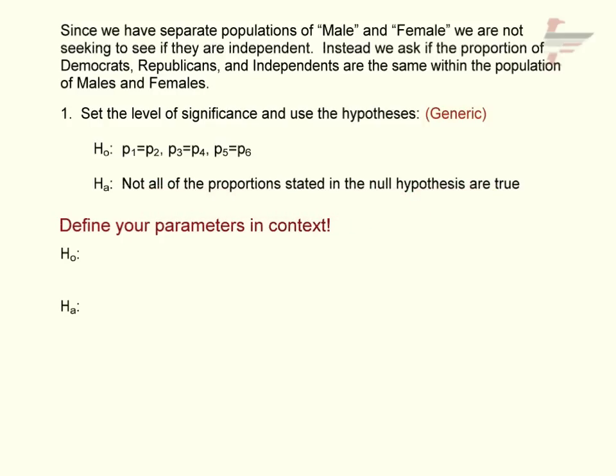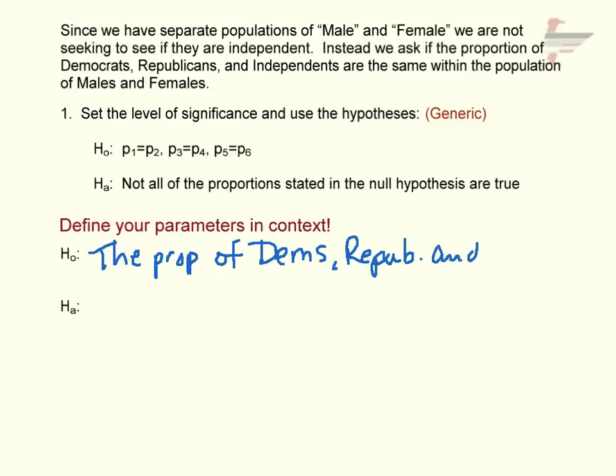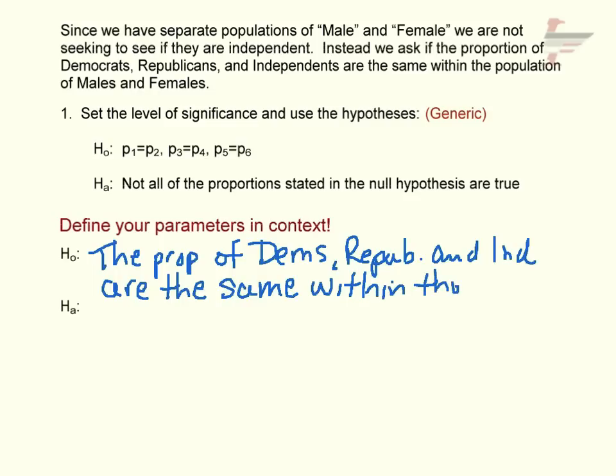So in our example with the males and the females and the party affiliation, we are going to say in our null the proportion of Democrats, Republicans, and independents are the same within the populations of males and females.